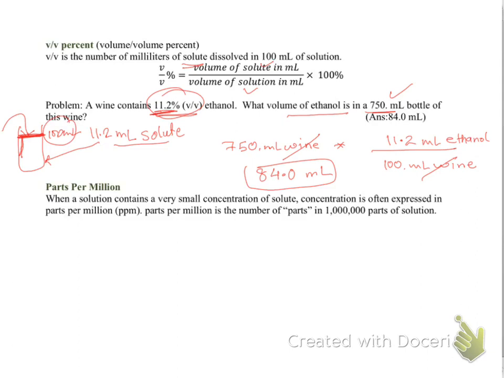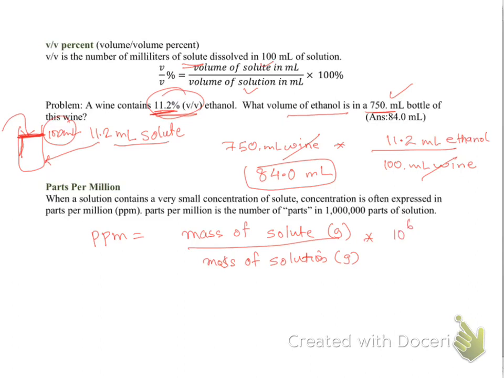So basically parts per million simply means you have your mass of solute in grams divided by mass of solution in grams times per million, so that means times 10 to the 6th. We are not doing percentage, we are doing in millions, so multiply by 10 to the 6th.